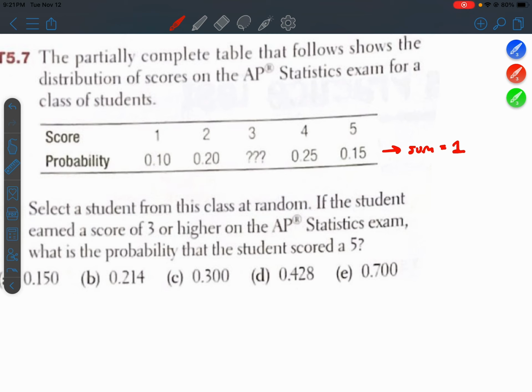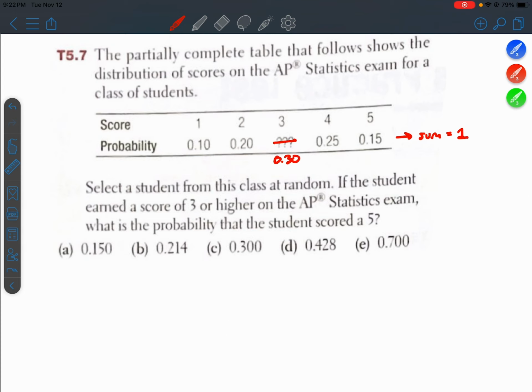All right, so 10 plus 20 plus 25 plus 15 is 70%. And so the missing probability here is going to be 30%. All right, so now we've got the complete sample space, I guess, if you will.